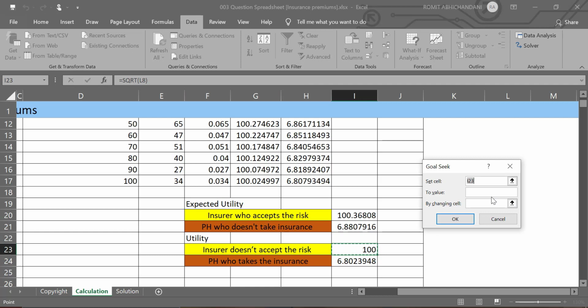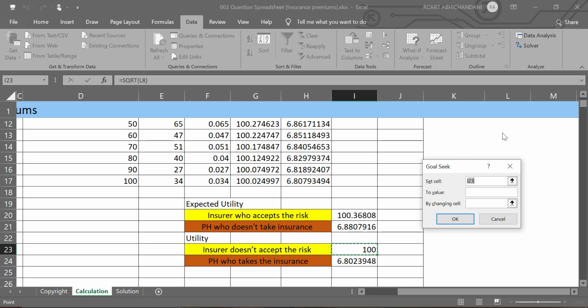Once you remember it, let me remind you again. It's Alt, then you went to data using A, then you went to what-if analysis using W, and then you went to goal seek using G. So it's Alt A W G, AWG.